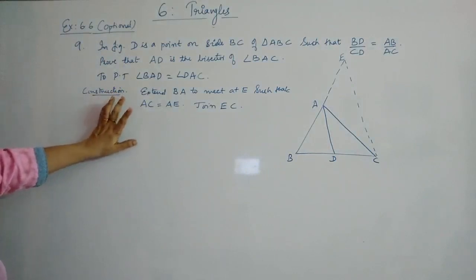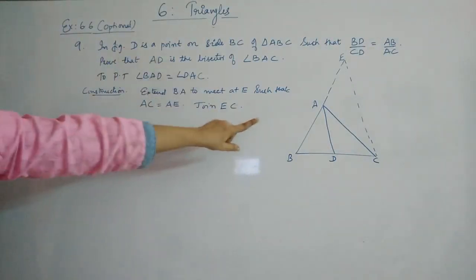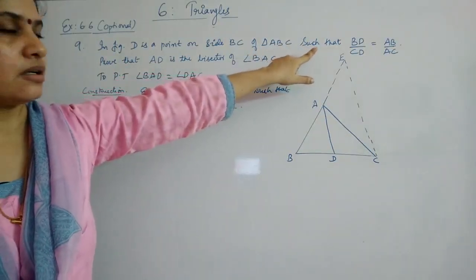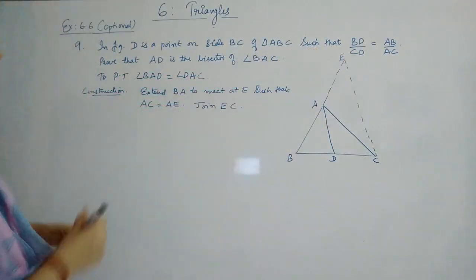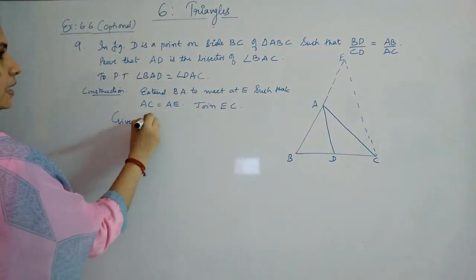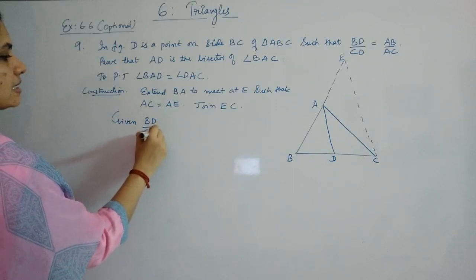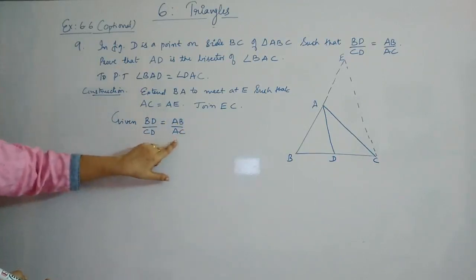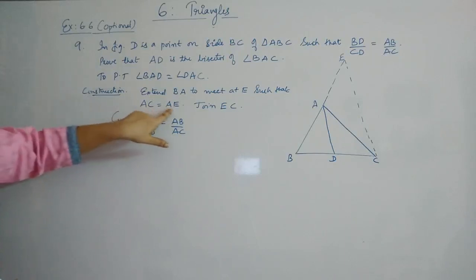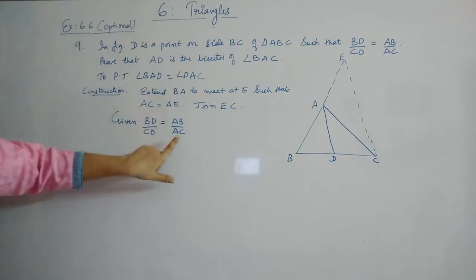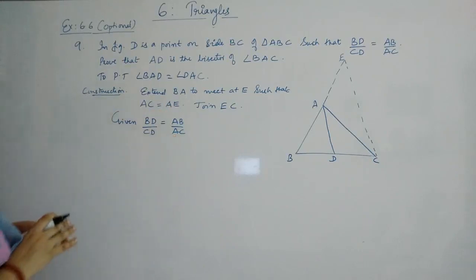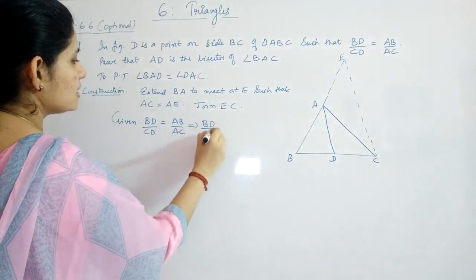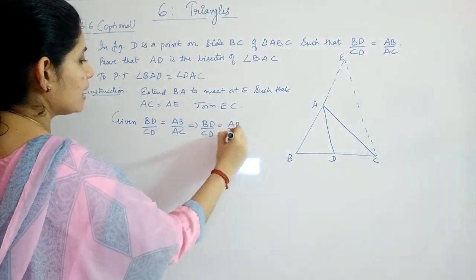Now first thing we have to take what is given in the question, that is your fractions equality is given: BD by CD is equal to AB by AC. And after this, since you have taken AC to be equal to AE, we are replacing AC with AE. So this will give you BD by CD is equal to AB by AE.